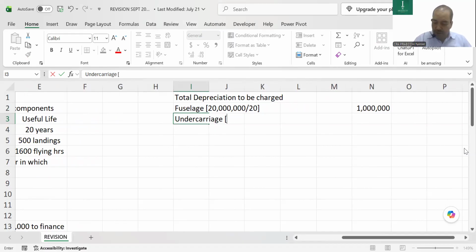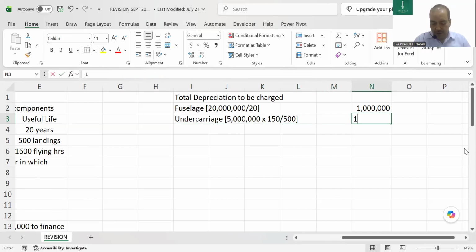So I take that $5 million multiplied by 150 divided by the total 500 landings. When I do this, I'll get $1.5 million.